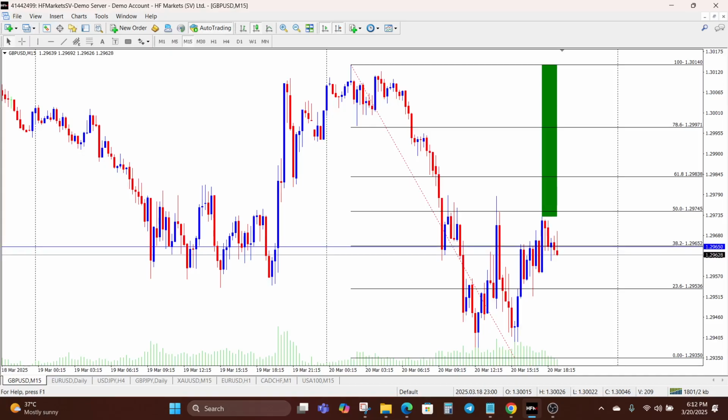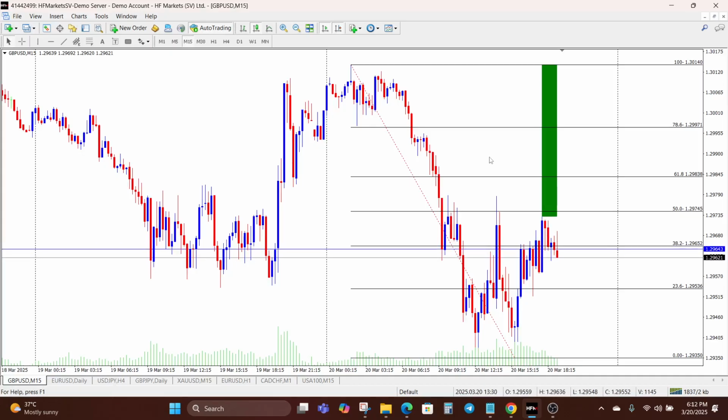Now, just because this indicator is automated, it doesn't mean that you should use it blindly. Here are some key tips to get the most out of it. One is look for confluence. When you are using this indicator, ensure that you always get confluence.